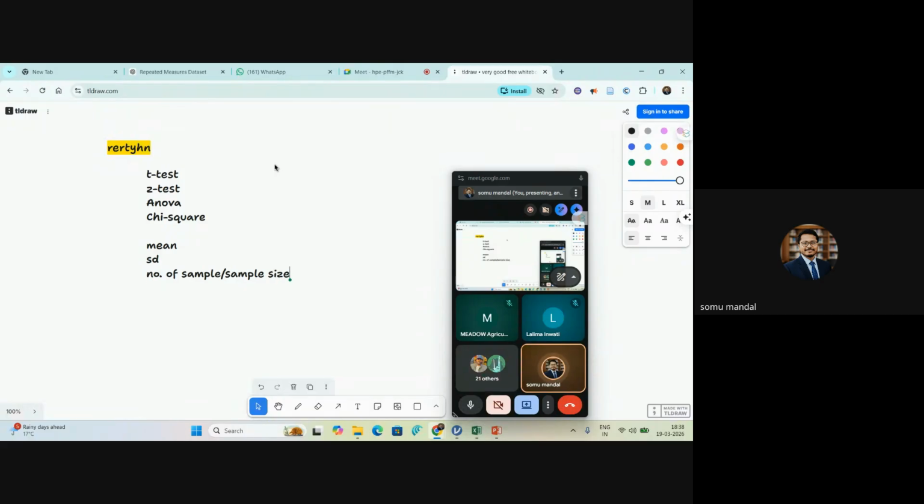When the mean is known but the standard deviation is unknown, and the sample size is less than 30, then we consider the t-test.